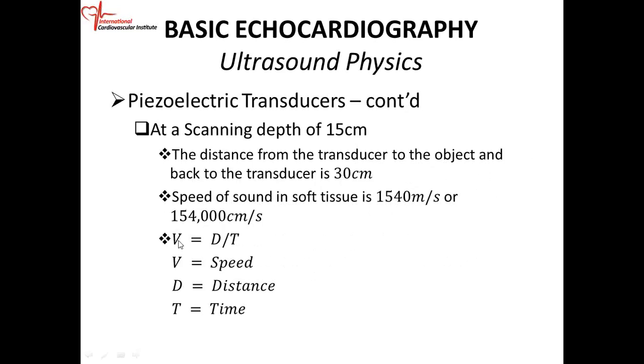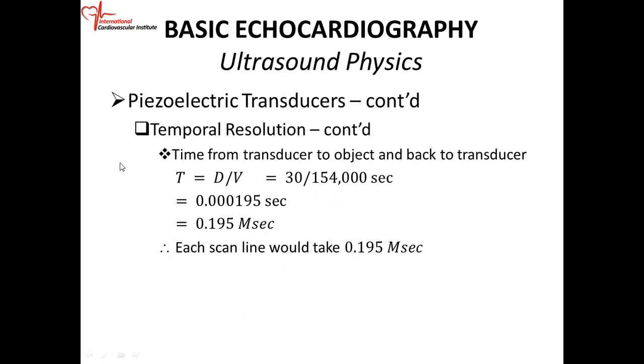And we know that speed is equal to distance over time. So if we want time, time would be distance divided by velocity or speed. That would give you the time from the transducer and back. It's going to travel 15 centimeters and 15 centimeters back to the ultrasound probe.